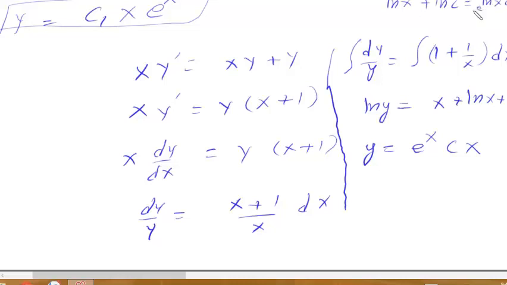Then we take the natural log by e, then this is cancelled, this is equal to cx, then this is cx e to the power x, and both have the same solutions. Let us look here, we can also say this is c1. Then these two become equal solutions.